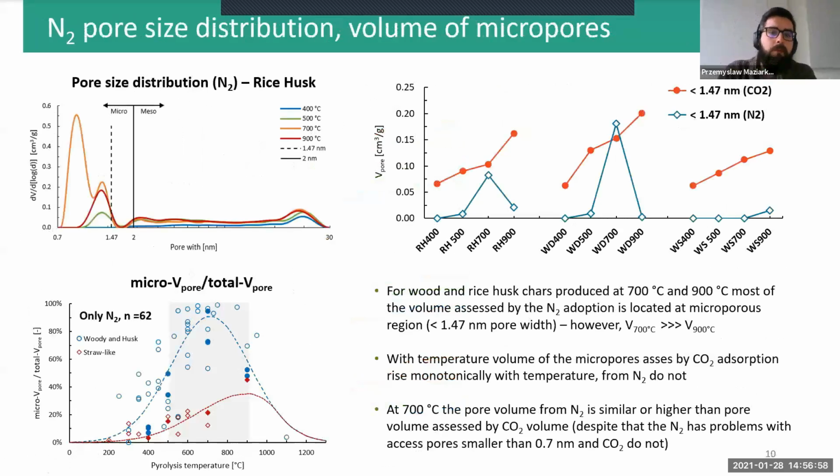We looked closer at the pore size distribution of the rice husk, and we observed that most of the volume that was absorbed at 500, 700, and 900 degrees was located in the microporous region.